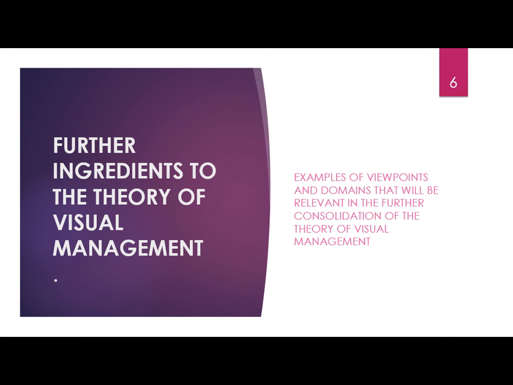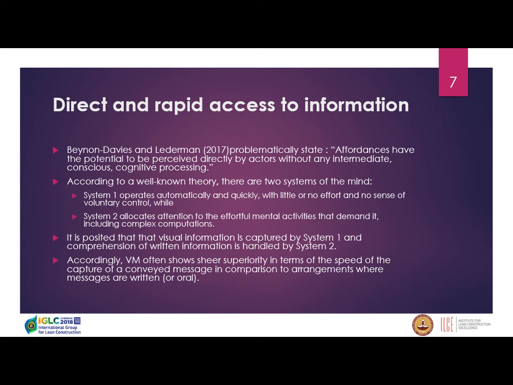So we don't have a theory of visual management, but we have ingredients, and it will be possible to build upon these ingredients towards consolidation, and this is a great area for PhD students to do work. So what do we have?